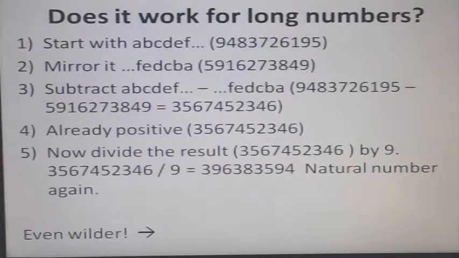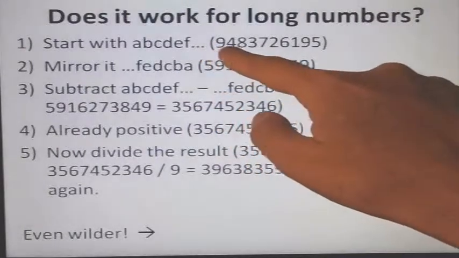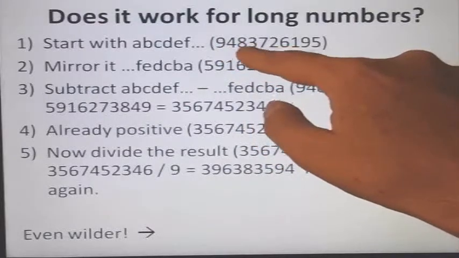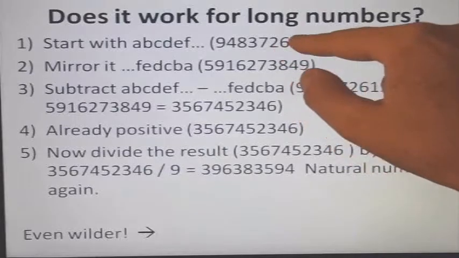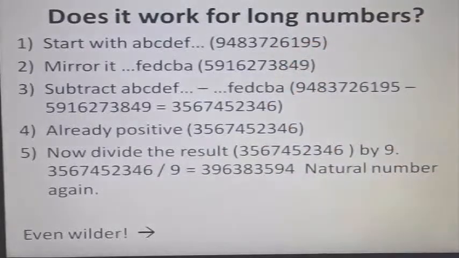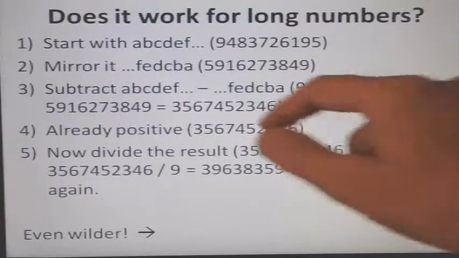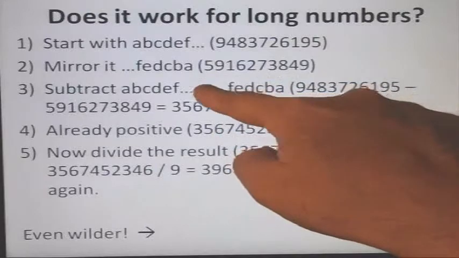How about a long number? Okay, well, what is my number here? 9,483,726,195. That's a pretty big number. That's bigger than the budget in the country, I think. Okay, so then we'll mirror it. We'll just flip it around.